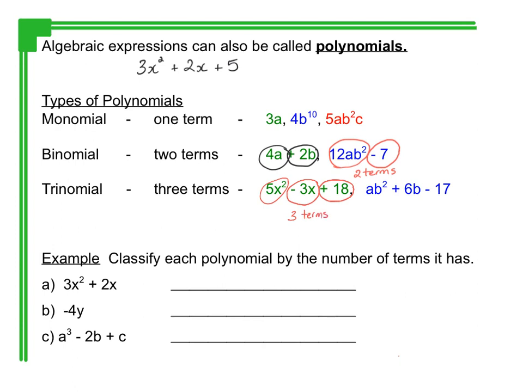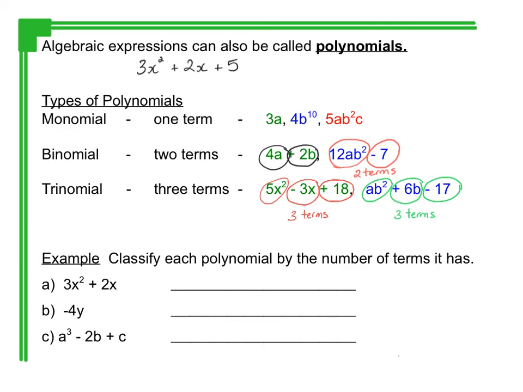Okay, the other expression here in blue, ab squared is one term, adding 6b is another term, and subtracting 17 is another term. So there are 3 terms in that algebraic expression. So it could also be called a trinomial.